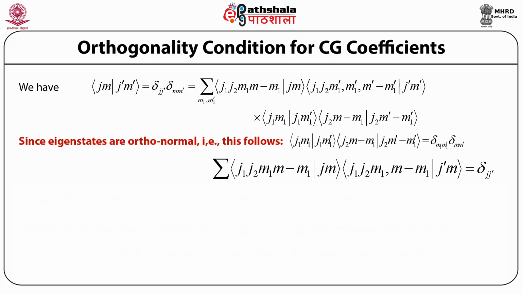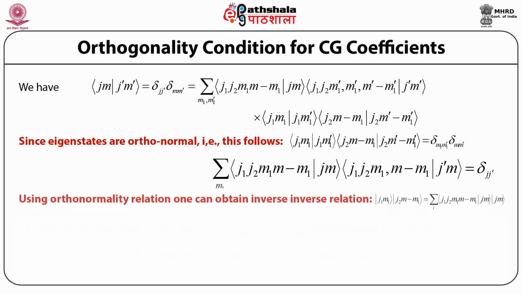So this relation gives the orthonormality condition, and in a similar manner we can also obtain the inverse orthonormality condition, which is given by the relation |j1 M1>|j2 M minus M1> is equal to the summation over J of <j1 j2 M1, M minus M1|J M> |J M>, where <j1 j2 M1, M minus M1|J M> are the Clebsch-Gordon coefficients.